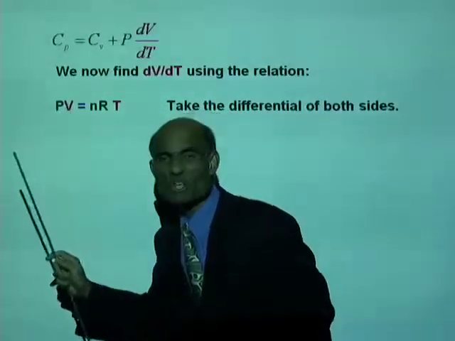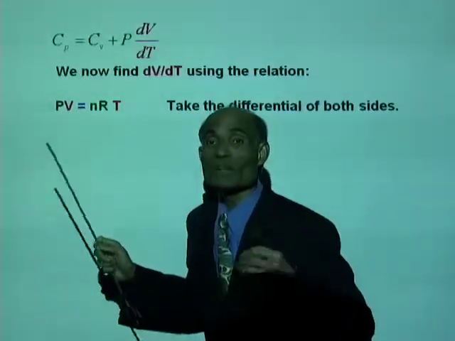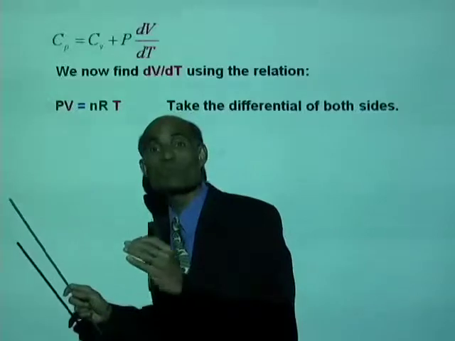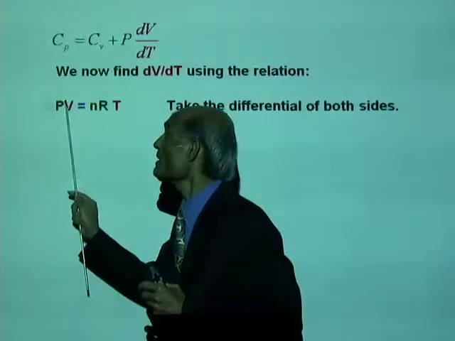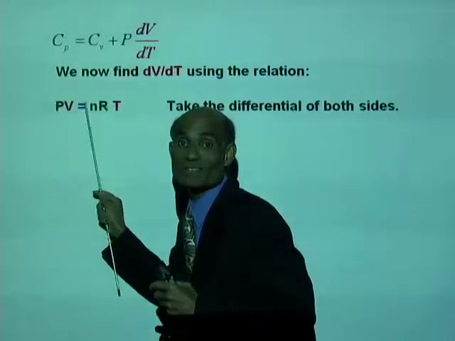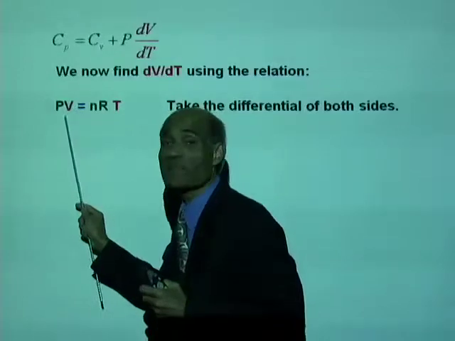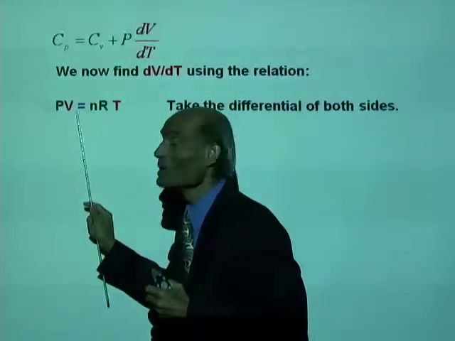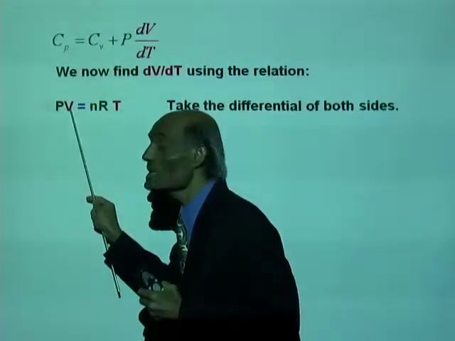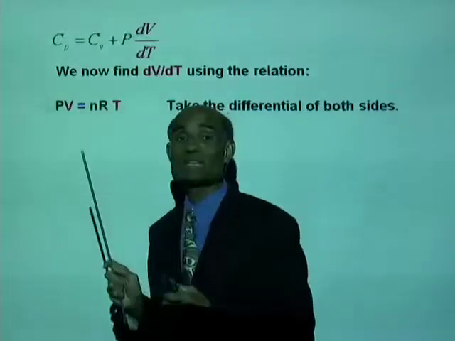What is the differential? The differential of V will be dV. The differential of T will be dT. Here, V and T are the variables. P is a constant. nR also is a constant. So, if you take the differential of both sides, we will get P times dV equals nR times dT.